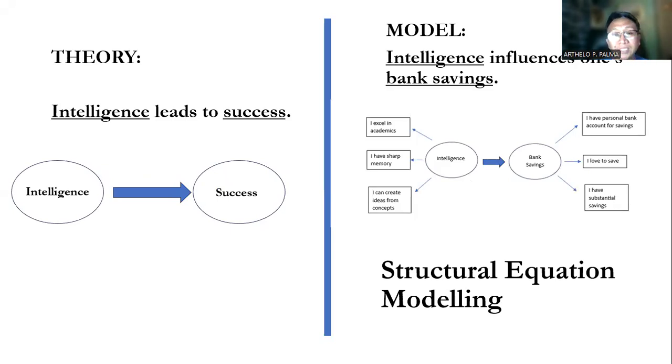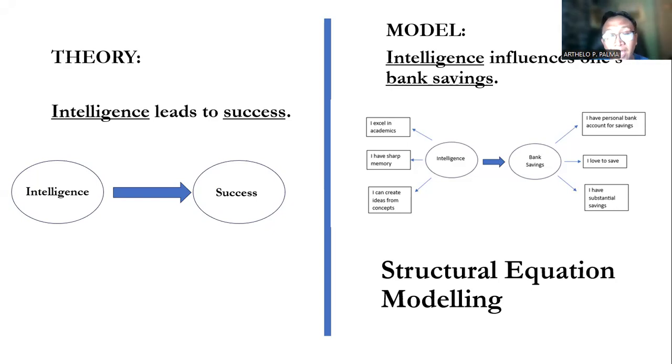Like, for example, in this case, your loadings inform you that the loadings for intelligence are these three: I excel in academics, I have sharp memory, I can create ideas from concepts. So when you do confirmatory factor analysis in the actual structural equation modeling, you are investigating if these three would really measure intelligence. That's what you call confirmatory factor analysis.